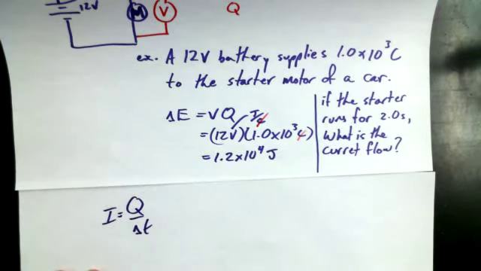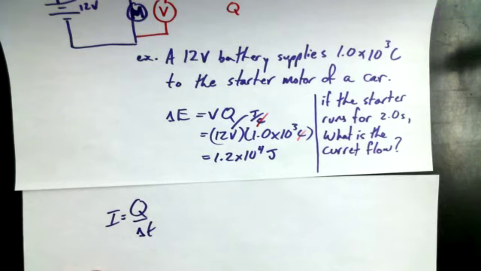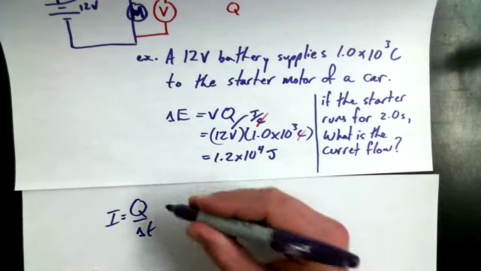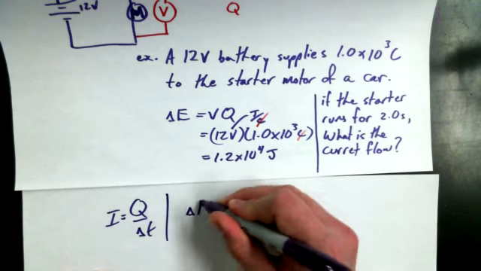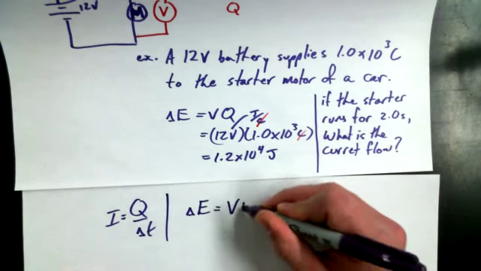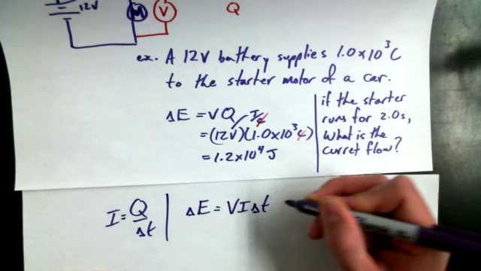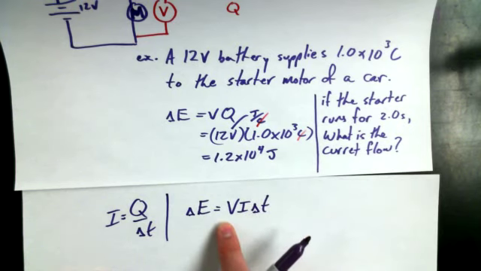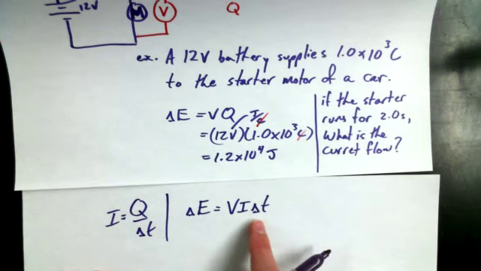Is there another way I could get there based on even some calculated values? This is a nice clean way to do it. What's another formula that involves energy and current? Yeah, we could say delta E is equal to V times I times delta T. Now this in practice is probably the one you'd be more likely to use because you can actually use a multimeter to measure all these values.